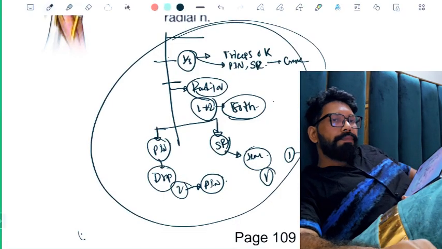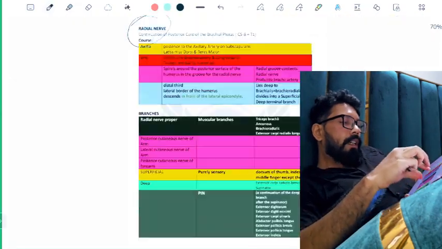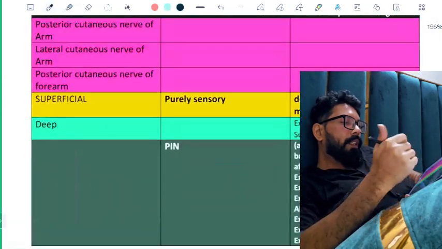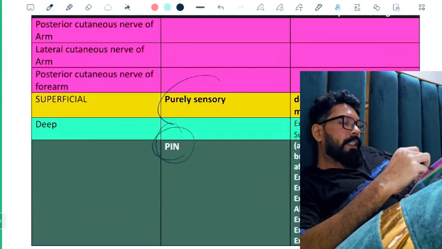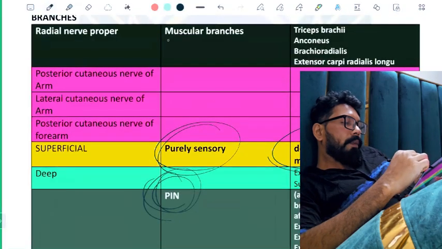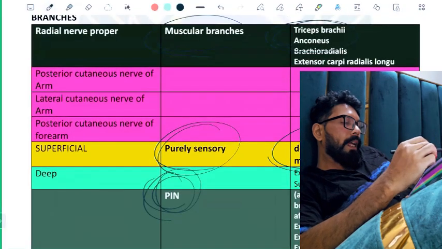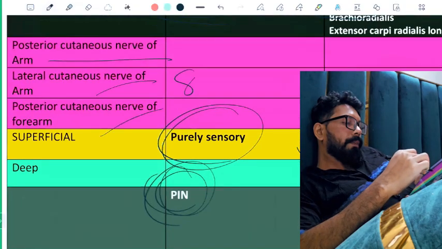Now, here we have the chart. Whatever I have told you up to now, here I have written it down. Purely sensory and PIN, and then you have muscular branches to triceps brachii. Just remember triceps. Then you have these sensory supplies.